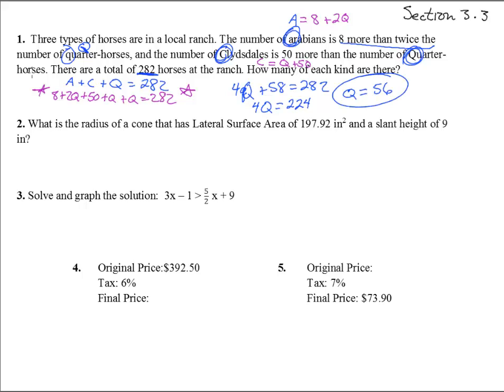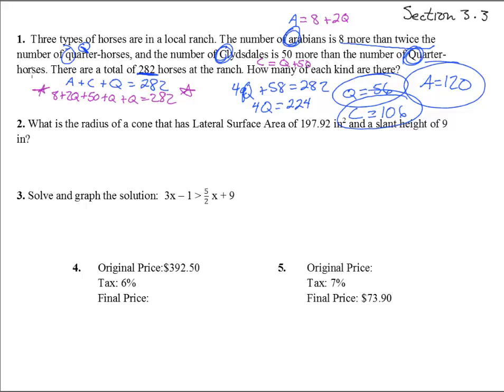Woohoo! There we go. Clydesdales is 50 more than that, so 106. And the Arabians, we take twice 56 as 112, plus 8 is 120. 120 Arabian horses.